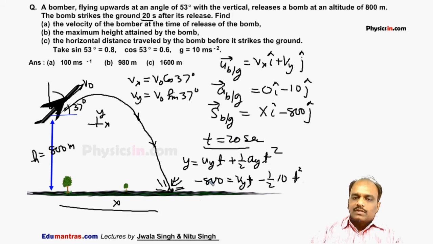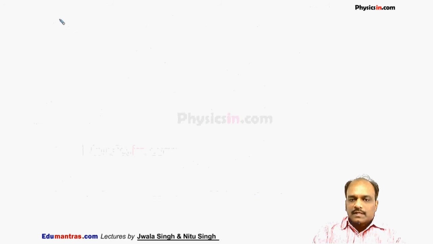Now we know t is 20, so if I substitute 20 here, minus 800 is equal to Vy into 20 minus 1 by 2 into 10 into 20 square.